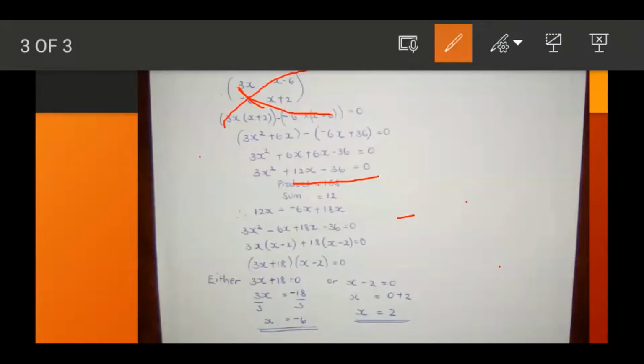Since the singular matrix is said to have a determinant of 0 and has no inverse. So with 3x squared plus 6x, hope you know how I've got that one, minus 6x plus 36 is equal to 0 as the determinant. So 3x squared plus 6x plus 6, yes?